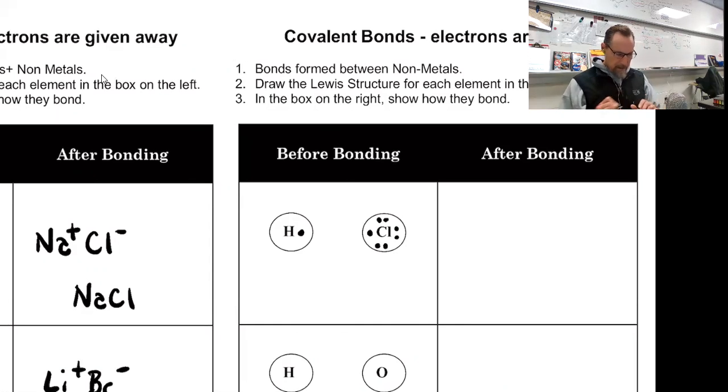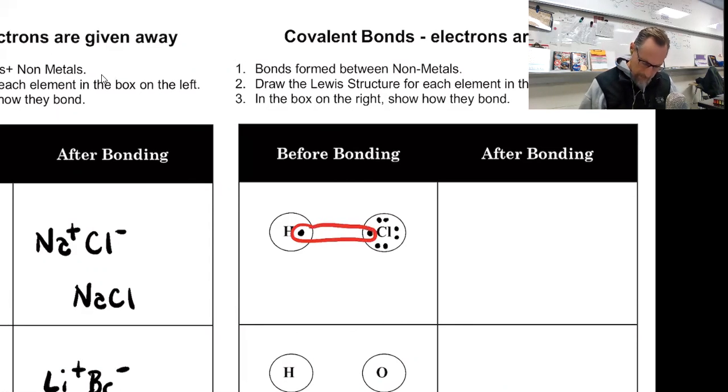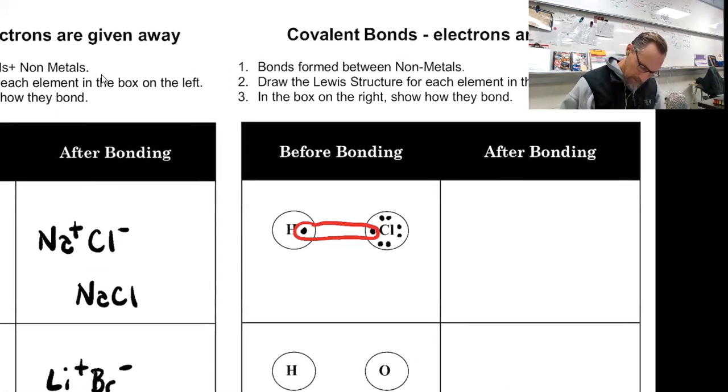But instead of using an arrow here, I'm going to use a circle to show how those are being shared. And then when I write out that structure, that circle forms a line that shows how that is being formed.